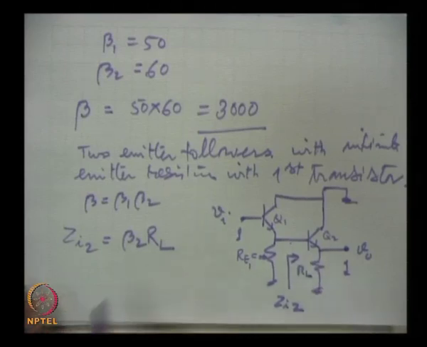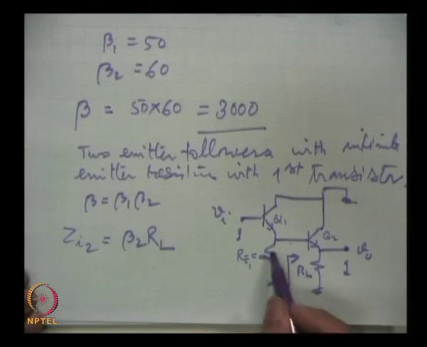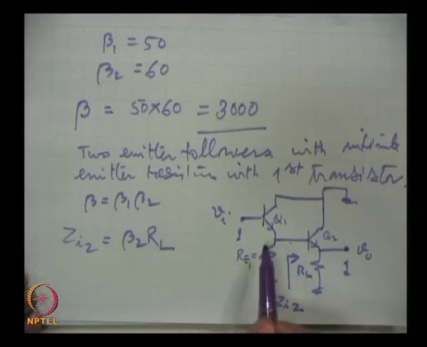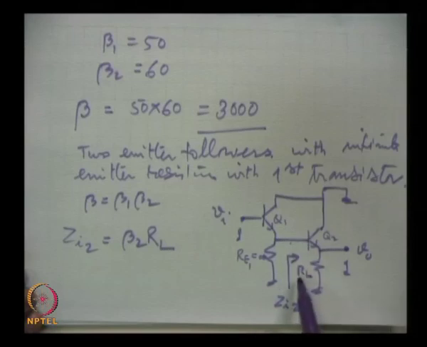So, it is this, and this will act, Z1 will act, this is infinity, this is in parallel with infinity. So, the result will be simply Zi2. Zi2 is the load for the first stage, because this is infinity resistance and this is in parallel.